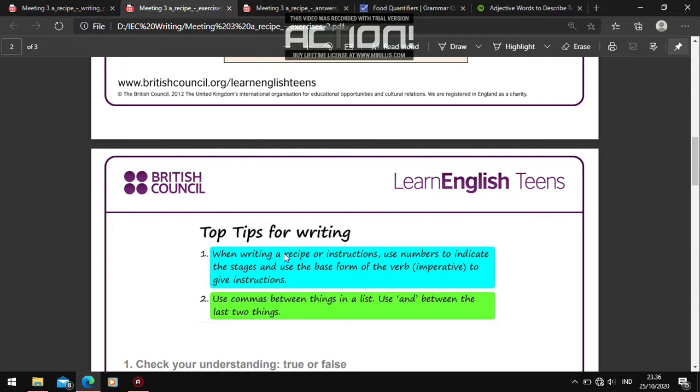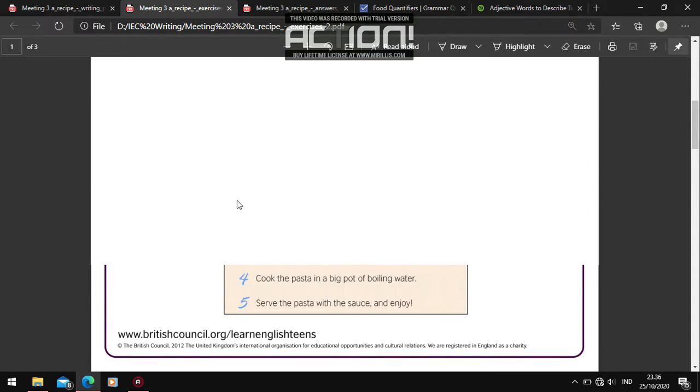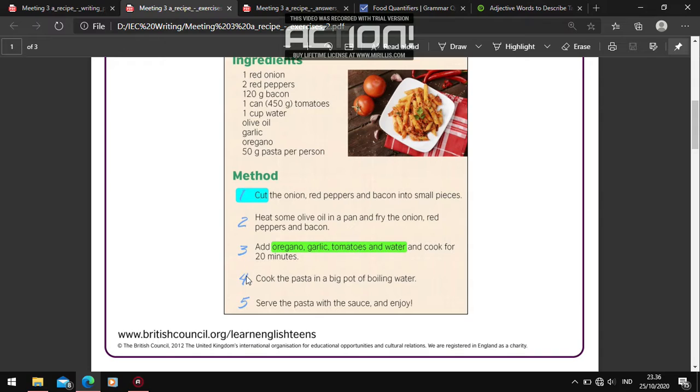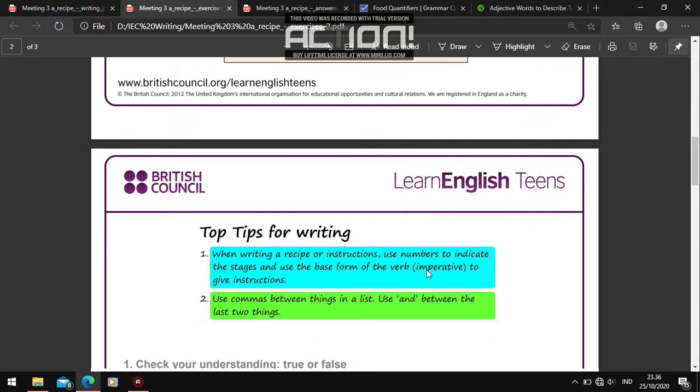So, see, there are actually two tips here. The first one, when writing a receipt, use numbers, that is 1, 2, 3, 4, 5. It's better to go step by step by using numbers, okay? And then the second one is use the base form of the verb. The base form of the verb means that it is verb 1.